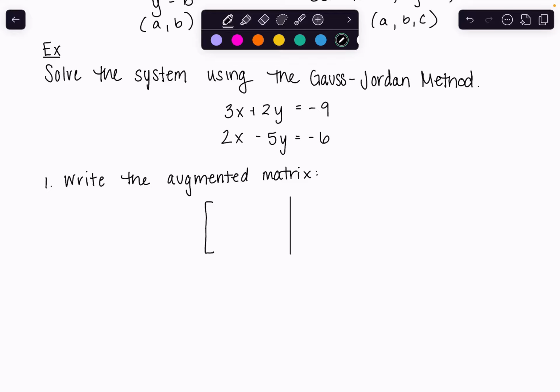We have that equal sign and then those constants. You can go through and you can pick this off variable by variable. You can also just do it row by row. So we have 3x plus 2y equals -9. We've got 2x minus 5y equals -6, okay?